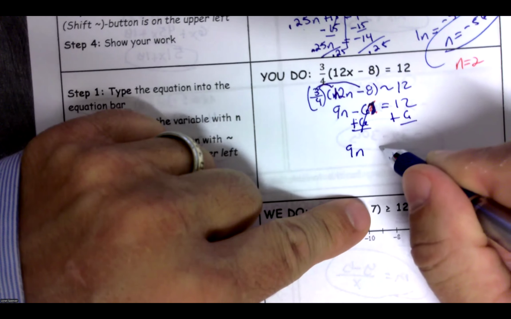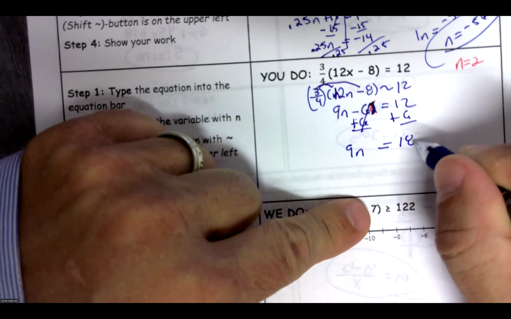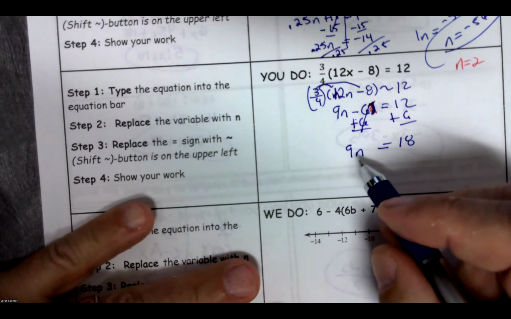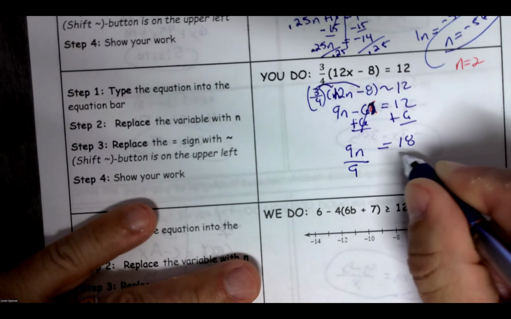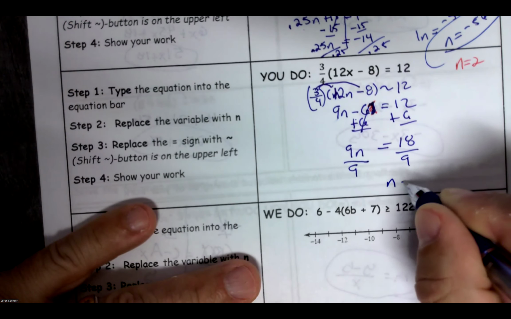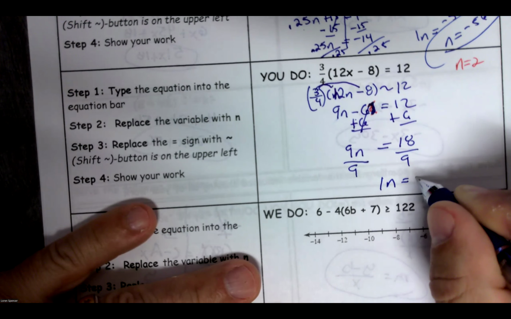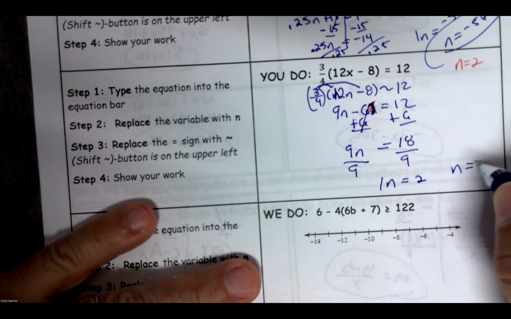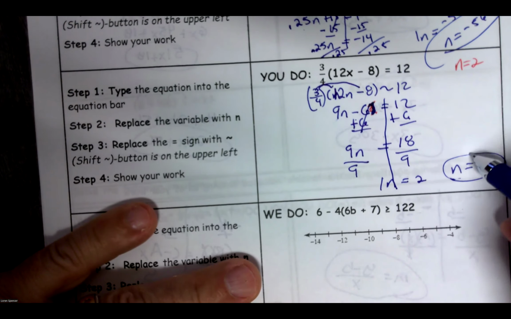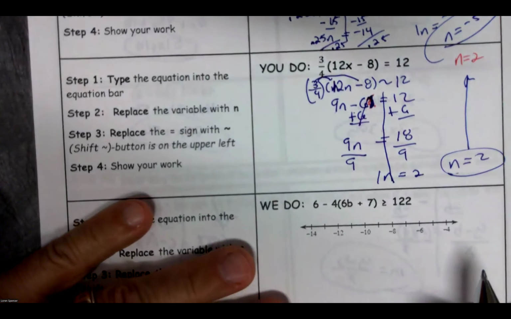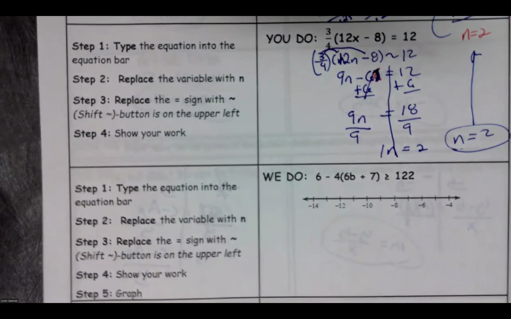That one went away and became 0. And this is 18. Now I need to divide both sides by the coefficient of 9. And I end up getting n, or 1n, equals 2. So n equals 2. And once again, that matches up with what we got with Desmos. So that looks pretty good.